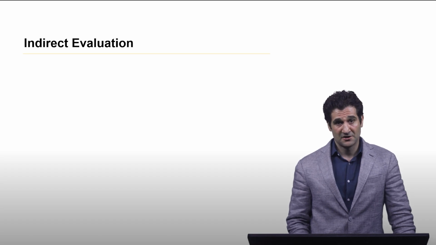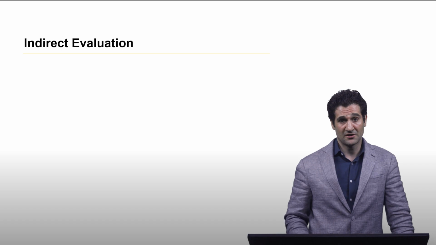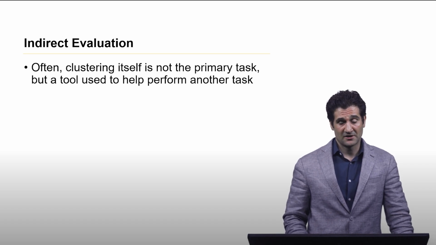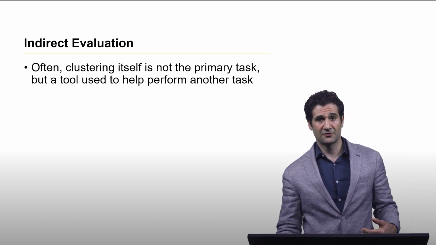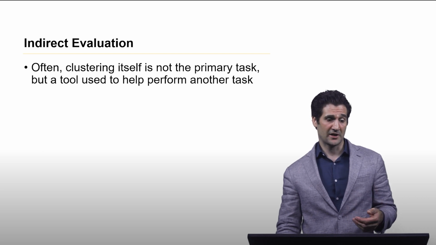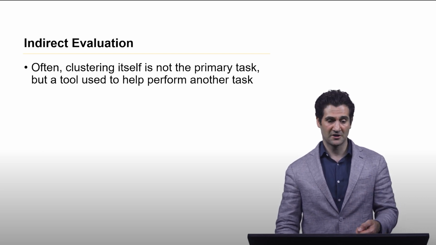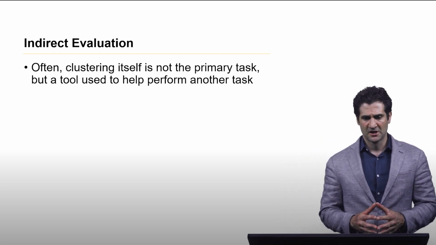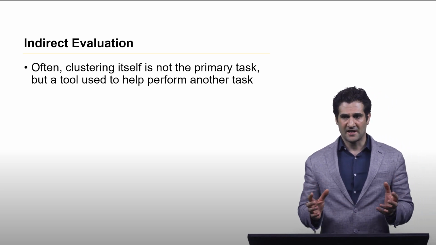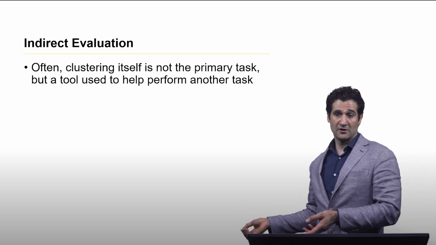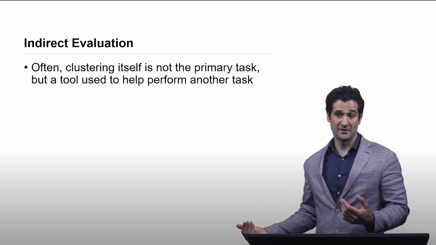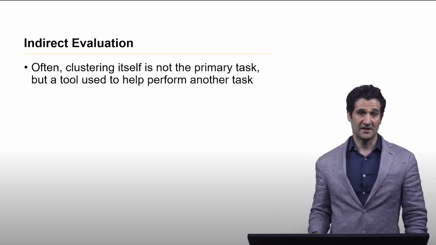Indirect evaluation is getting back to the underlying domain. The concept here is often clustering is not really used as the primary task. It wasn't just to group something, but maybe it was to divide samples, and then those samples were going to go into a supervised model that would then classify the data.